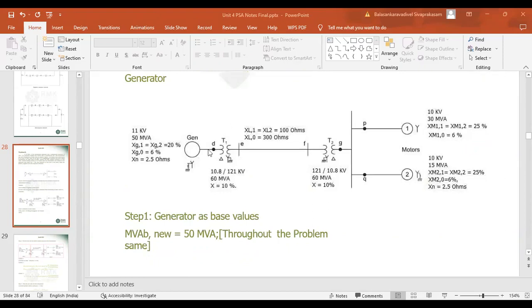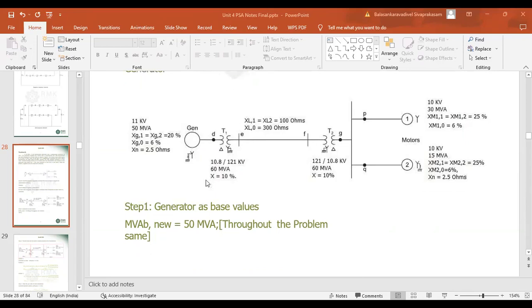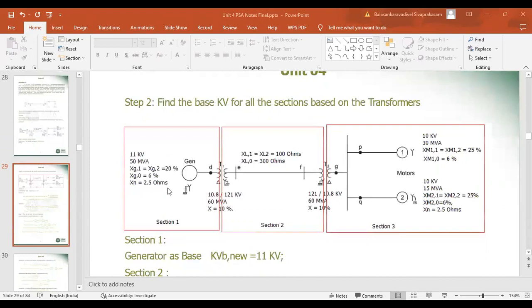Now the next step is that we have to divide the single line diagram into various sections, and for each section we have to calculate the new kVB. Like the first unit problem, here also we have to divide the problem into sections wherever we have the transformers.